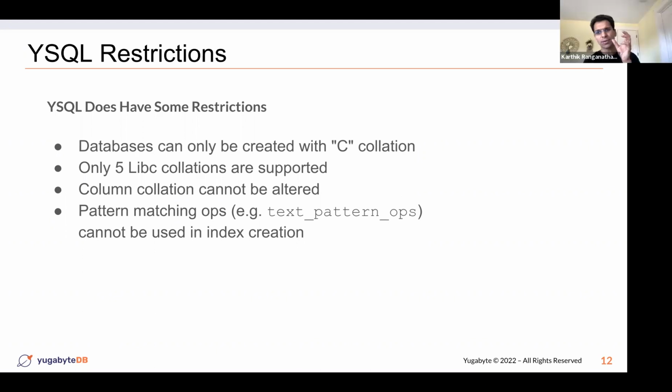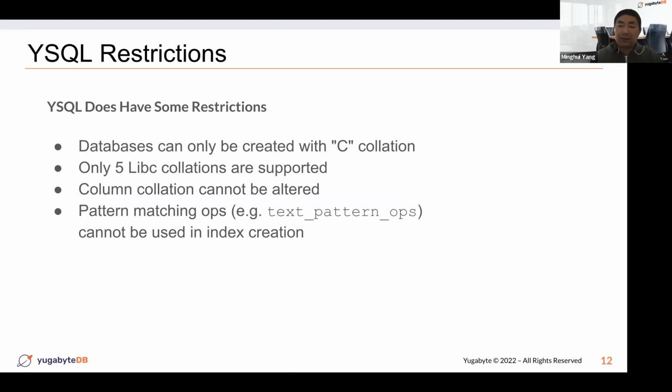So I think the way to summarize this is to say that as Postgres was evolving, they added a lot of features, but now we know the stable usage patterns, and we are adopting those into YSQL. Yeah, we are adopting. Postgres might have realized that they made some mistake, like the last one, pattern matching ops. In my opinion, it's a workaround.